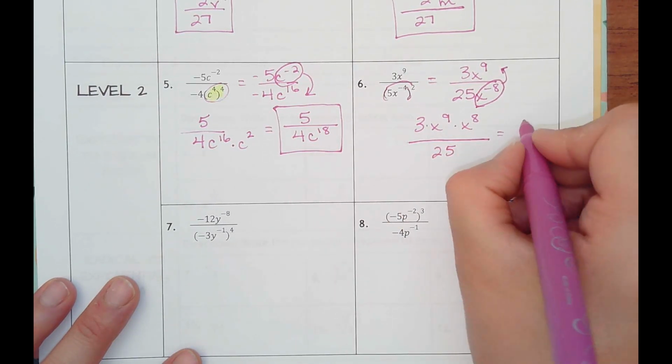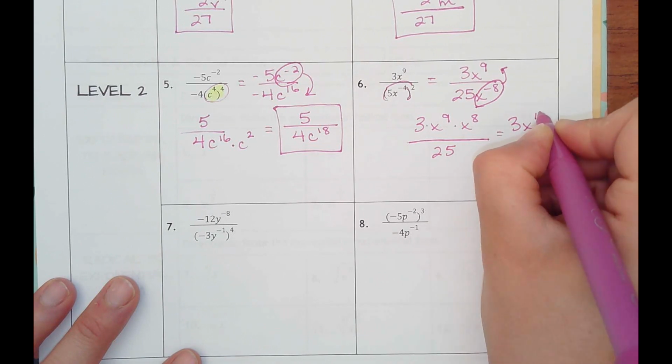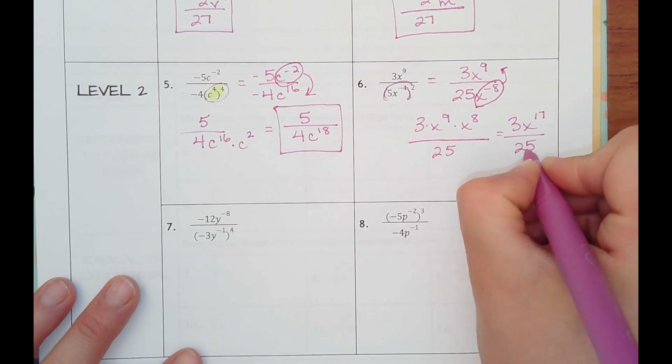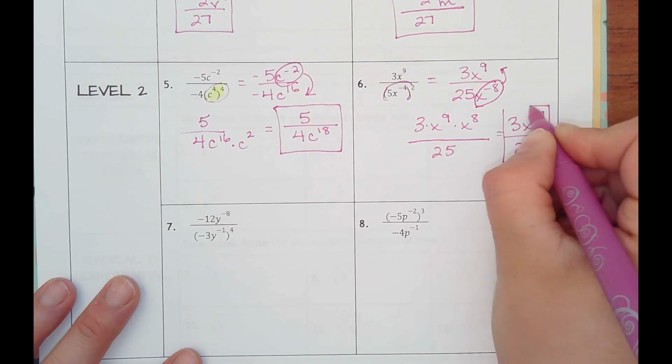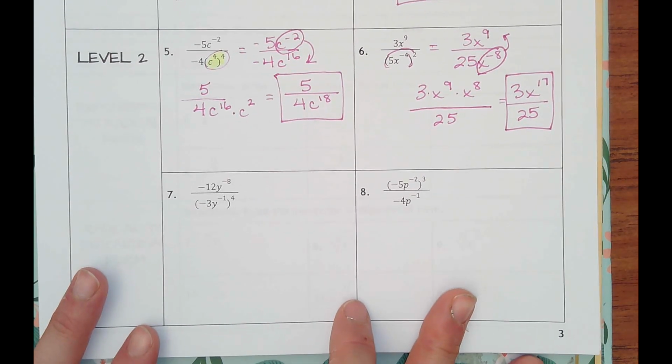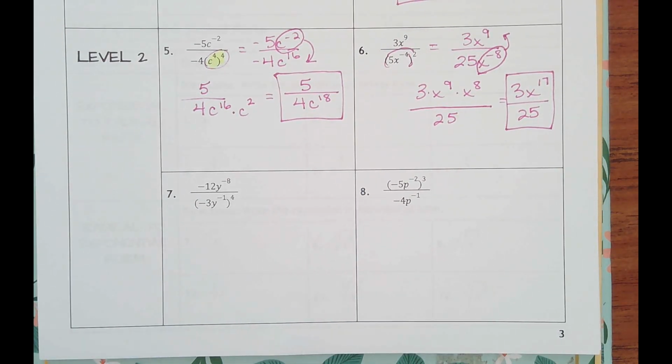Nine plus 8 is 17, so it'd be 3x to the 17th power all over 25. Okay, number 7 and 8 are very similar, so you go ahead and try them yourself.